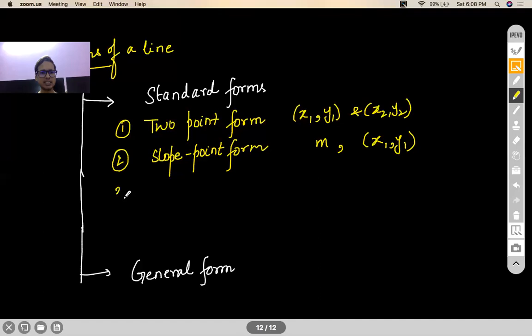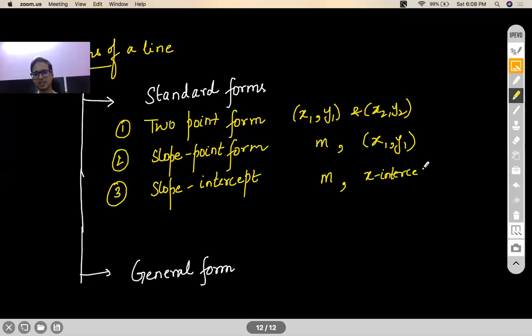Next is the slope intercept form. In this form, you will be given the slope and either the x-intercept or the y-intercept. Let me write it separately.